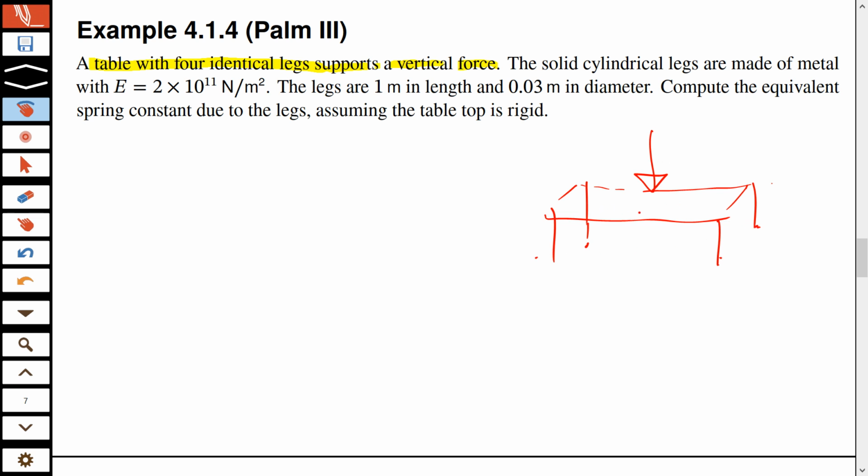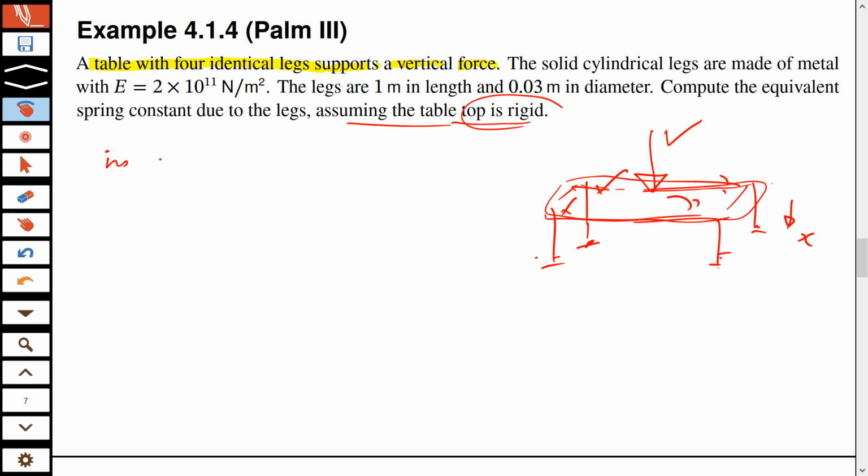One thing is clear, these four are supporting the same force, the force will divide, and because it's the same table, you assume the table top to be rigid, so they have a common base on the ground and the table top is also commonly touching them, so they will have a common displacement and the force will be divided, so they are in parallel.